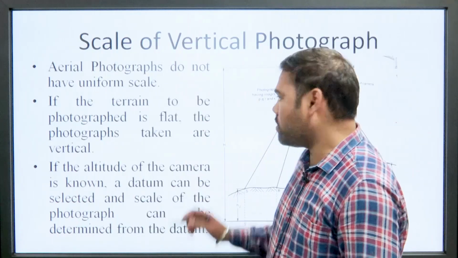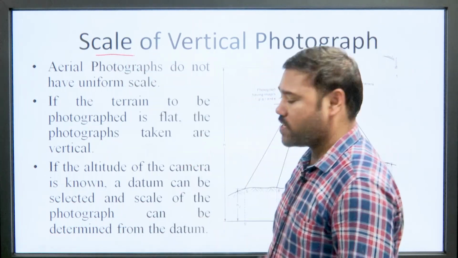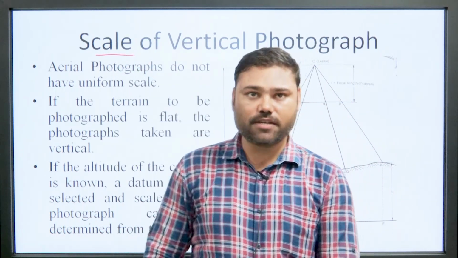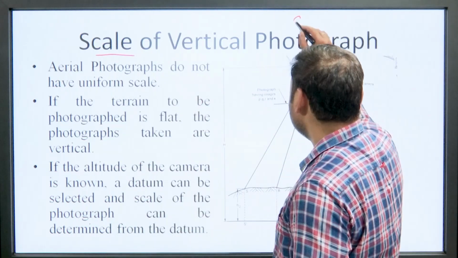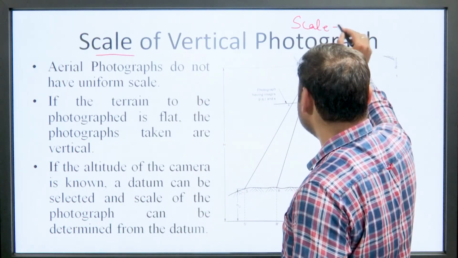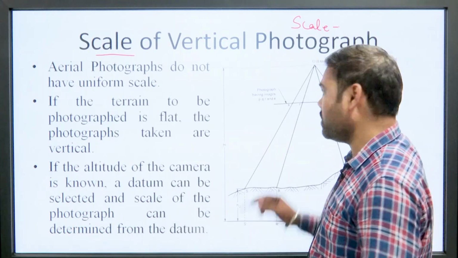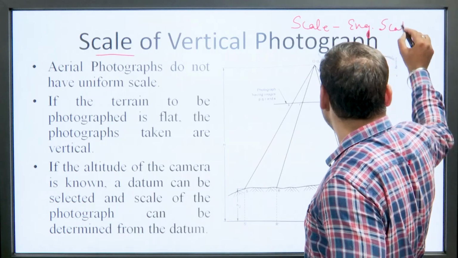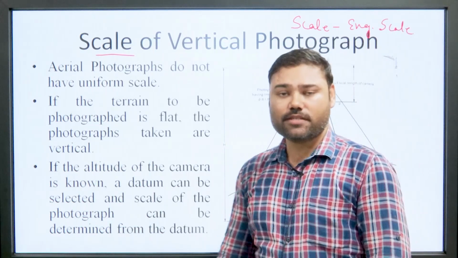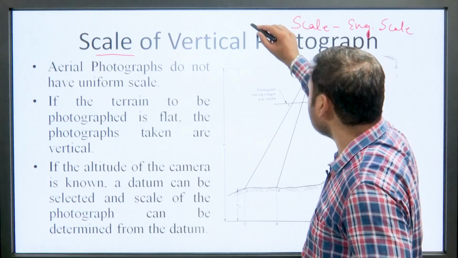Now, talking about scale, first of all we have to discuss what scale is. Scale can basically be of two types. One is known as engineering scale, and the other type is known as representative fraction.